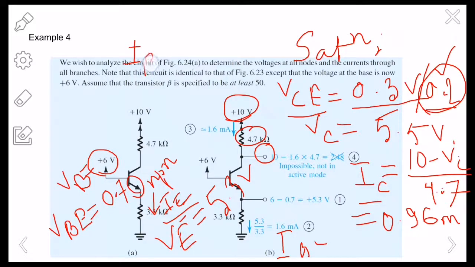IB is equal to IE minus IC. Remember, most probably IE was 1.6. You can see here IE was 1.6. So if you subtract 0.96 from 1.6, it becomes 0.64 milliamps.